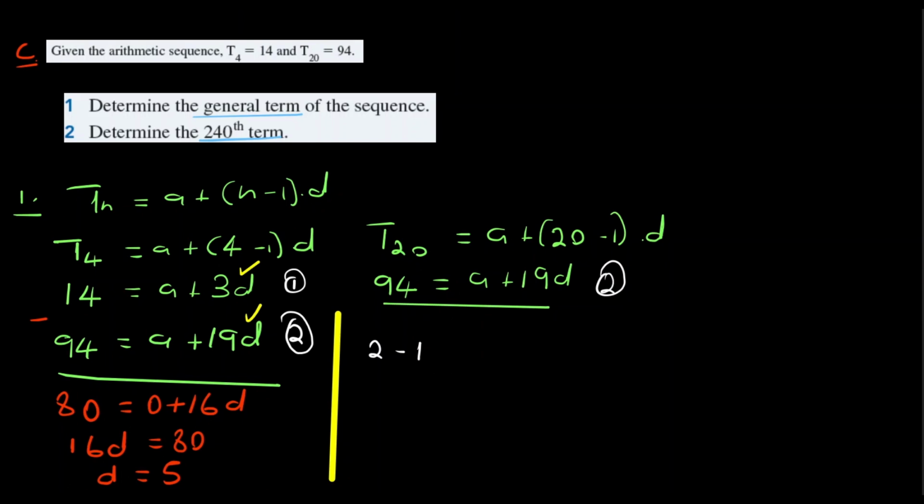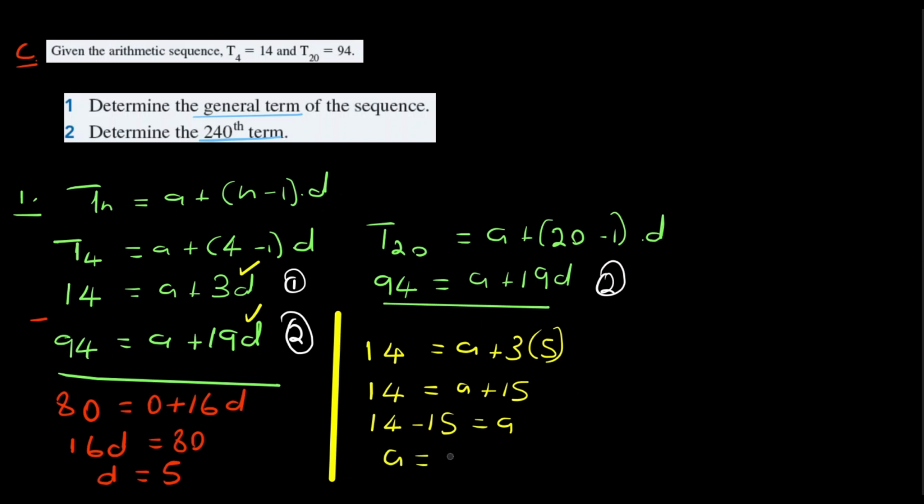In this case, it will be equation 1, which is 14 equals a plus 3 times our d value, which is 5. So 14 equals a plus 3 times 5, which is 15. Therefore, take the 15 to the other side of the equation. Our a will be equal to 14 minus 15, which is minus 1.